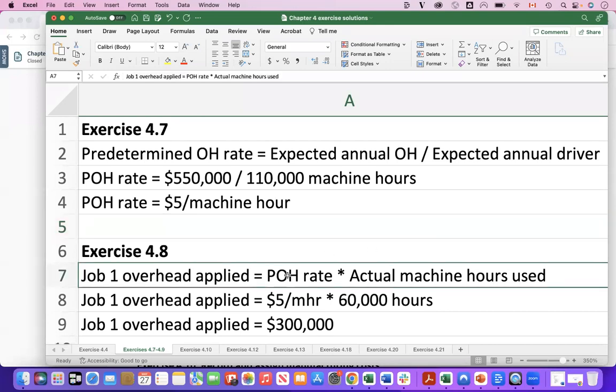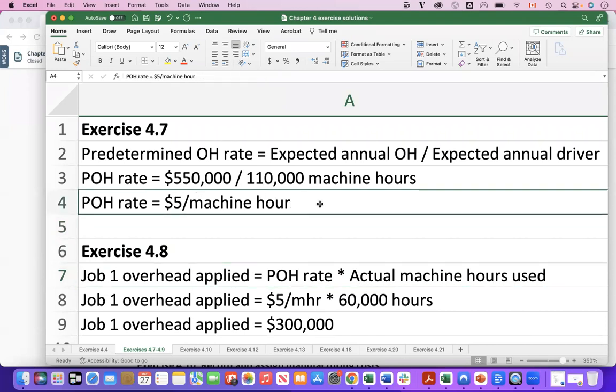How do we do that? Well, the formula is right there: predetermined overhead rate multiplied by the actual machine hours used. Remember, we're going to use the same overhead rate to apply overhead to every job during the fiscal year. These numbers will be recalculated in the next fiscal year, but for right now, every job worked on during this fiscal year uses this predetermined overhead rate of $5 per machine hour.